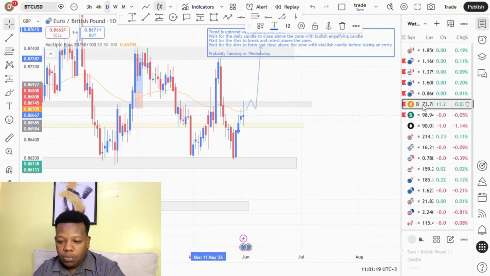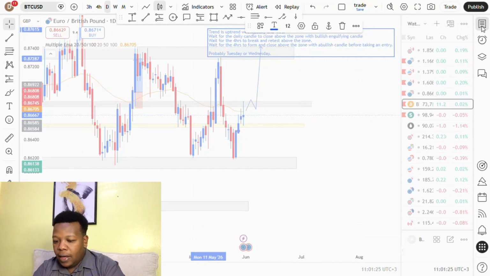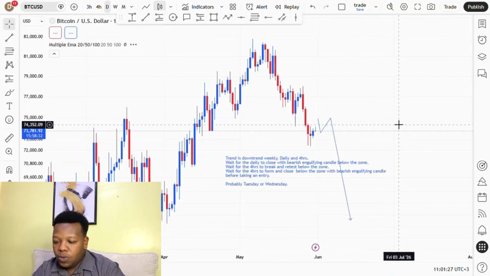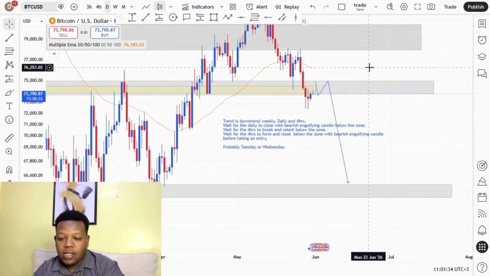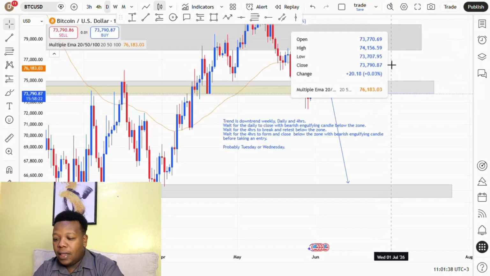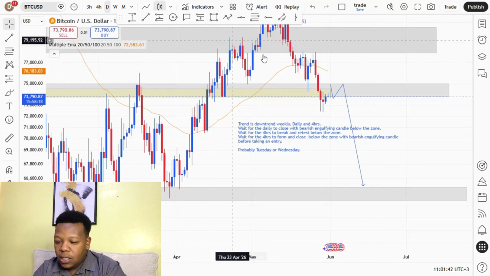We also have Bitcoin. Bitcoin has been one controversial pair, and there's a reason for that. According to the news which has been going on, Bitcoin is being said to have reached a bubble, and of course investors are now pulling out their money, and that's the reason why you can see this possible change of trend.